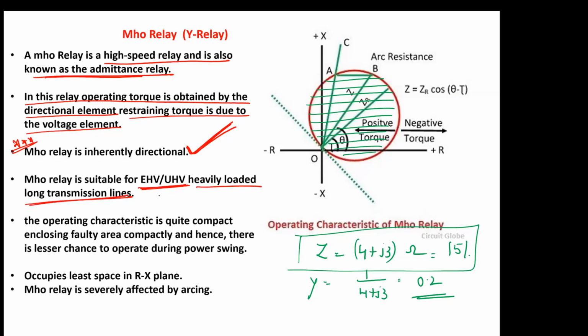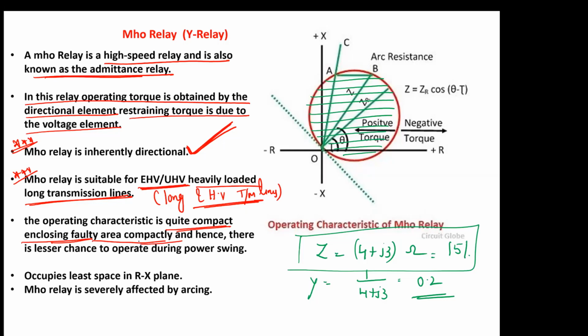So basically it is used in long and high voltage transmission lines because the faults here require fast clearing. So since it is a fast acting relay, it is used in long and high voltage transmission lines. This is also important. The operating characteristics are quite compact. Quite compact means small. Operating region is very small.